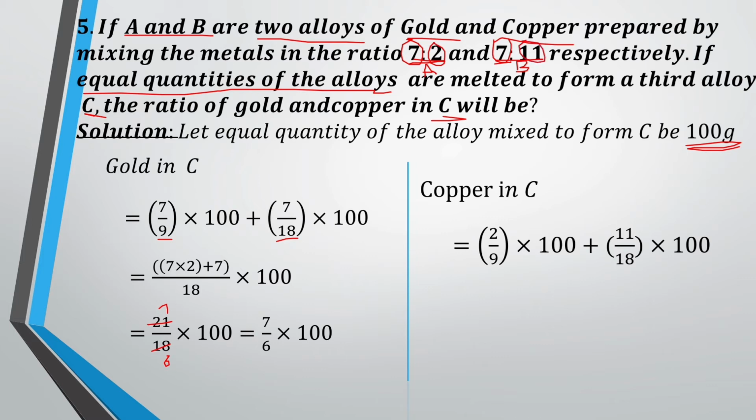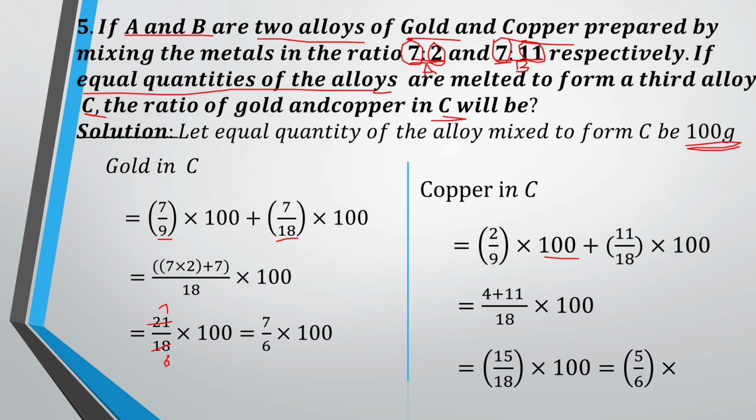So 2 by 9, where 7 plus 2 is 9, the total ratio, into 100, because the equal quantity is 100. You can take any x value. Plus 11 by 18 into 100. After solving, by taking the LCM, we get 4 plus 11 by 18 into 100. So the answer will be 15 by 18 into 100, that will be 5 by 6 into 100.